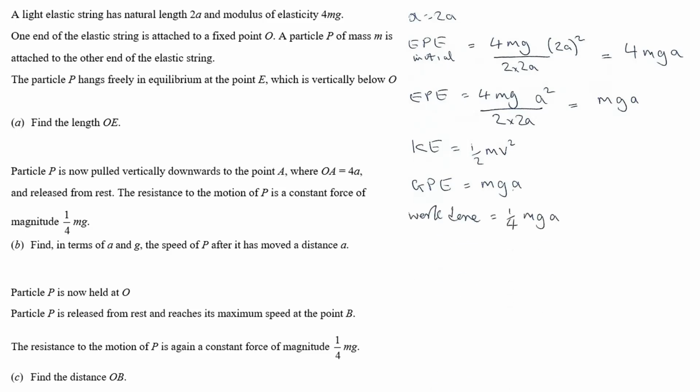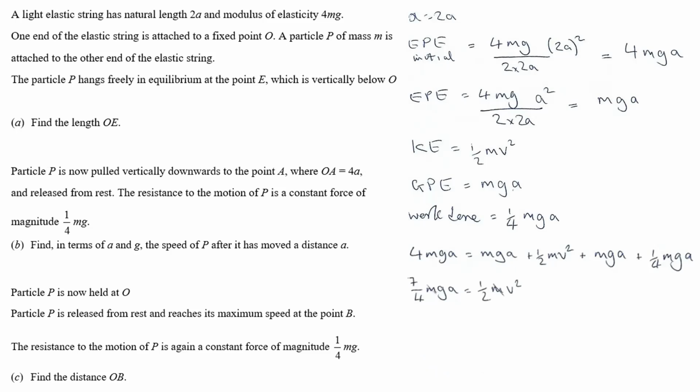And the work done is the resistive force times the distance it's moved. So initially it's just the elastic potential energy that we started off with, and that's equal to all the other things, because that elastic potential energy is converted to kinetic energy, gravitational potential energy, the remains of the elastic potential energy, and the work done to get it to that point.